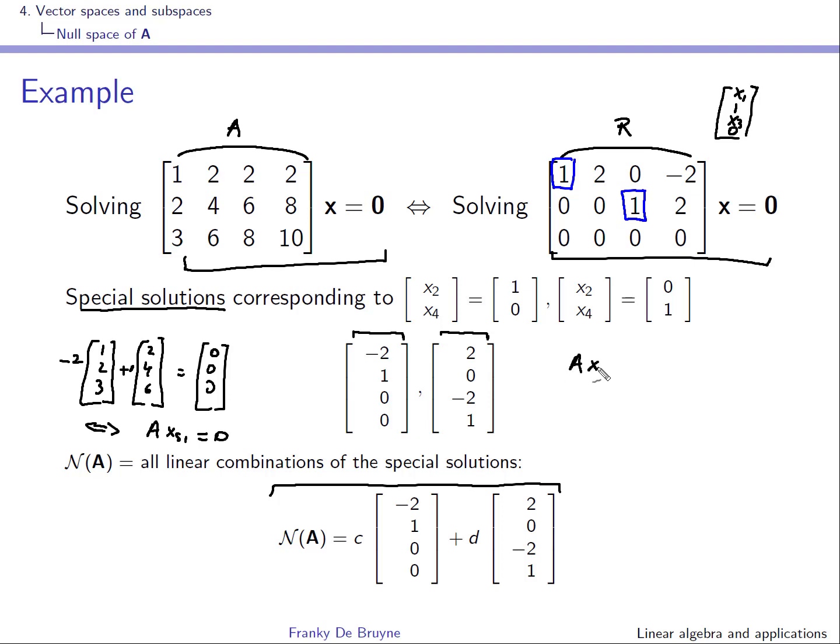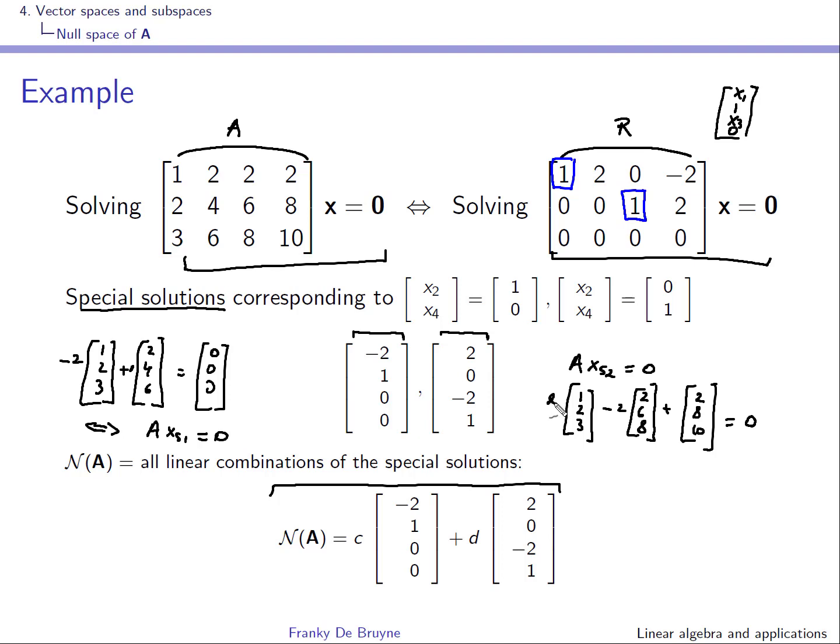Let's write A times special solution 2 equal to 0. If we write this, it's a linear combination of the columns of A, so it's 2 times 1, 2, 3, plus 0 times the second column, minus 2 times the third column, plus once the last column, is equal to 0.